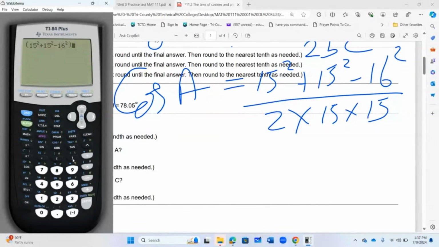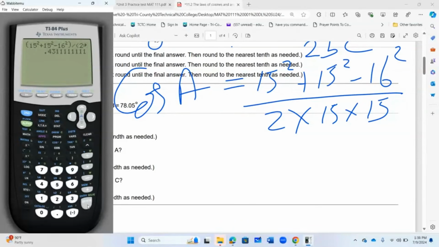Close parenthesis, divided by, open parenthesis again, 2 multiplied by 15, multiplied by 15 again, close parenthesis, and then I will enter.